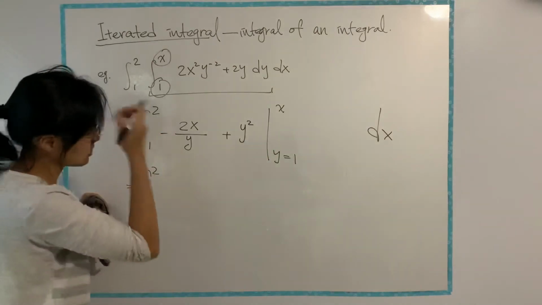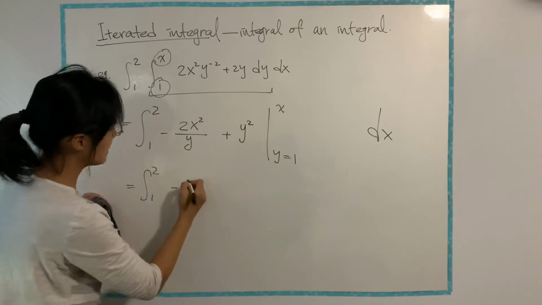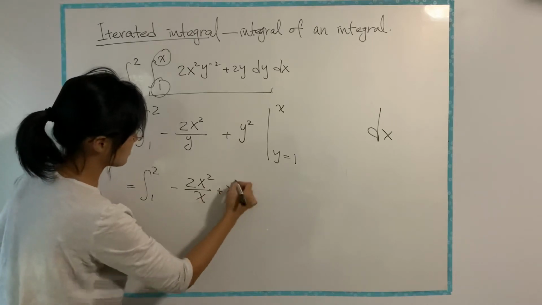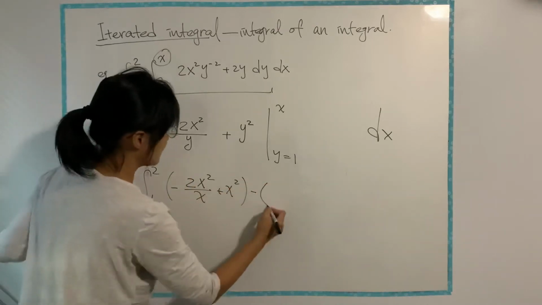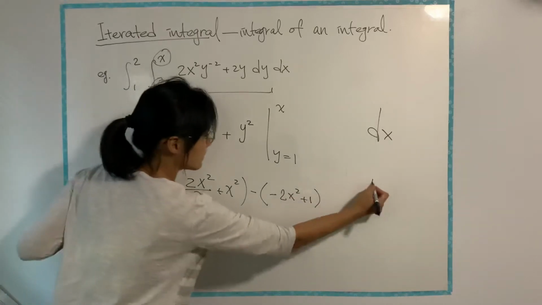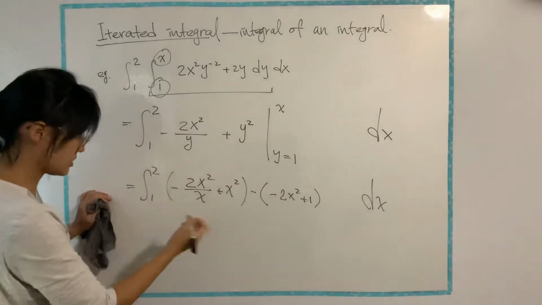So I will have minus 2x squared over x plus x squared minus 2x squared plus 1, and then I have this dx from the outside integral.